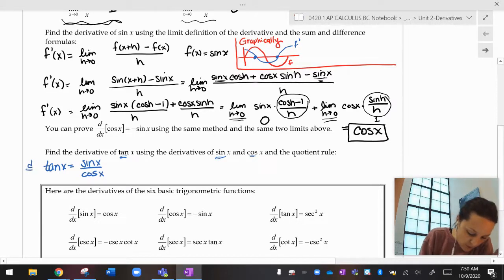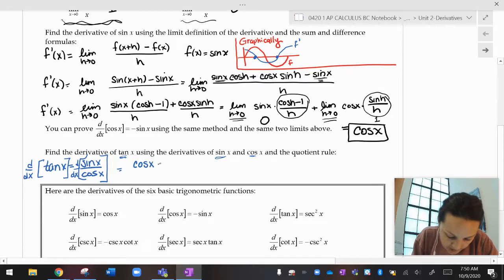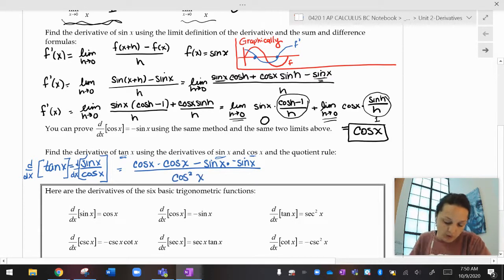That means the derivative of tan x is equal to the derivative of sine over cos. So now let's take the derivative of tan using the quotient rule. So I would have low d high, the derivative of sine is cosine, minus high d low, the derivative of cosine is negative sine, all over low times low, which would be cosine squared.